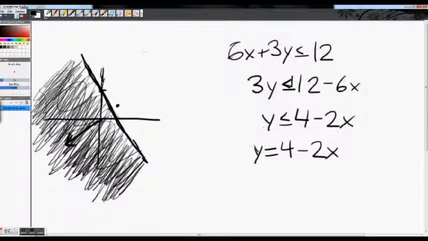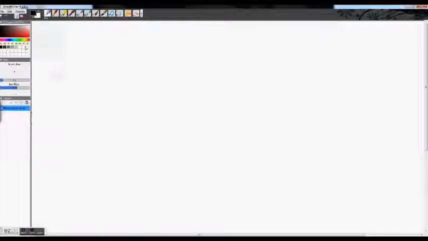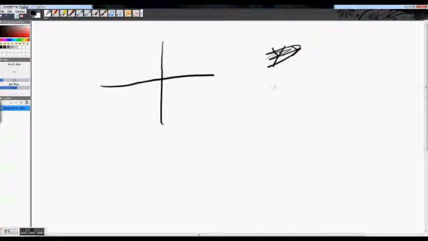So let's look at another example. Let's say we have the linear inequality 8 is greater than 2y plus x.